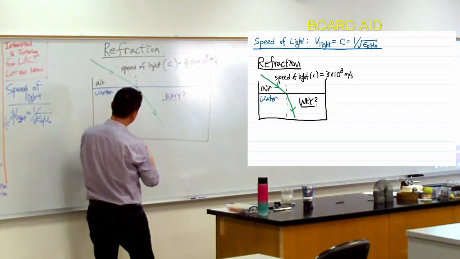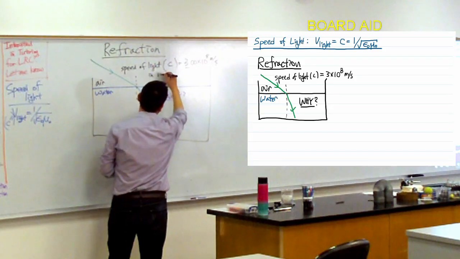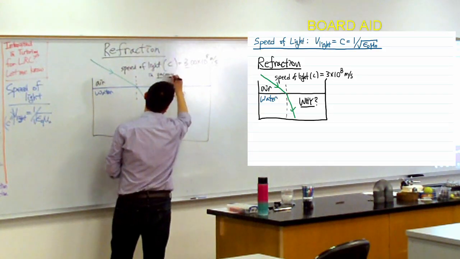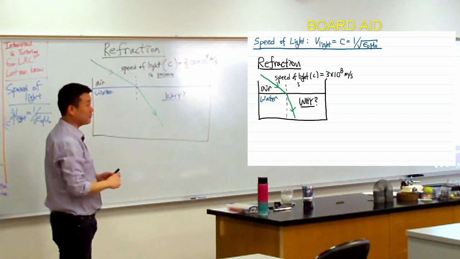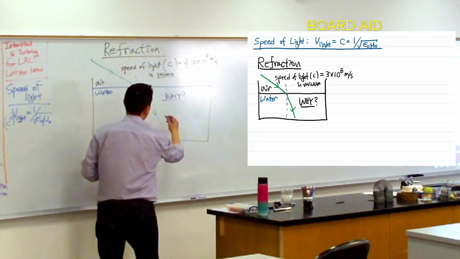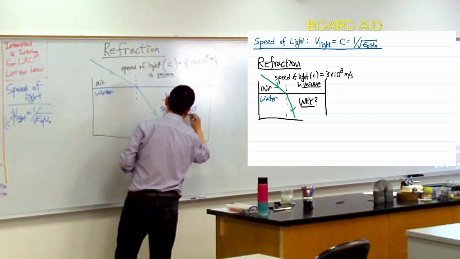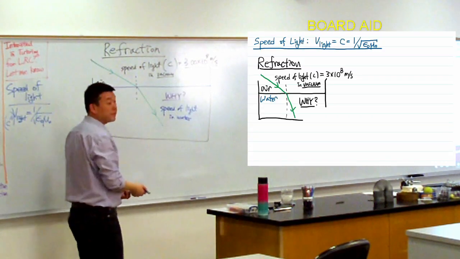So this is the speed of light in air or in vacuum. The speed of light in vacuum and air are very similar. You can look at it in your textbook. And what they would say is that the speed of light in water was somehow different.